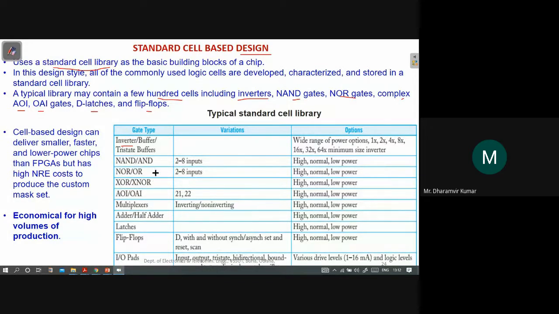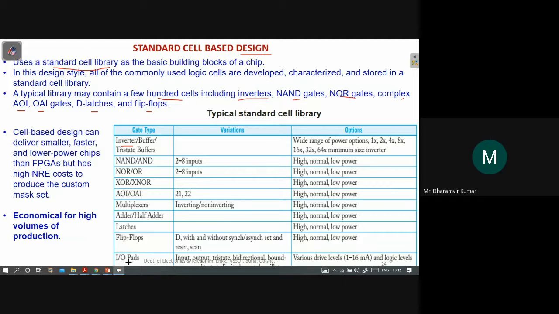For example, look at this: NOR, XOR, AOI, complex gates, multiplexers, adder, half adder, latches, flip flops, they are all available in high, normal, and low power flavors.